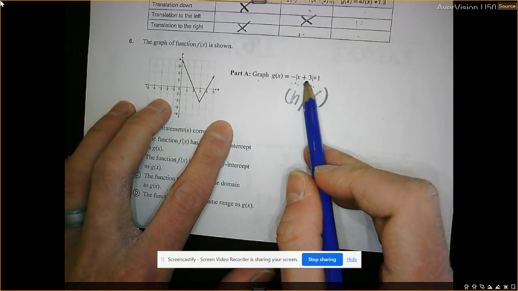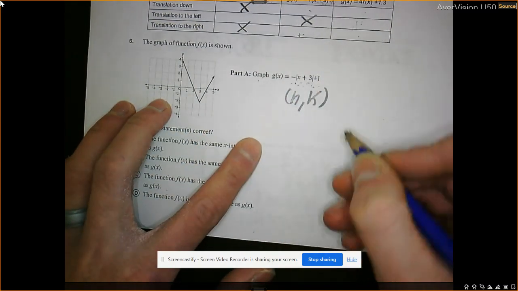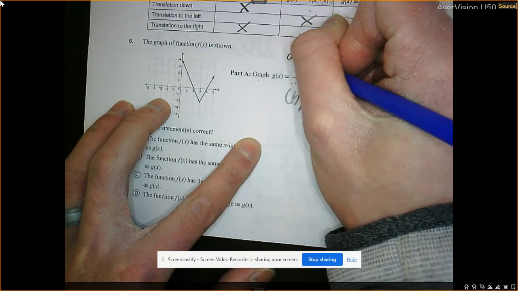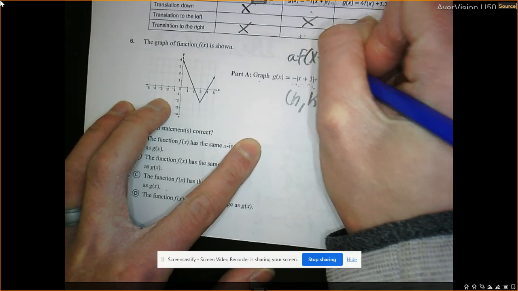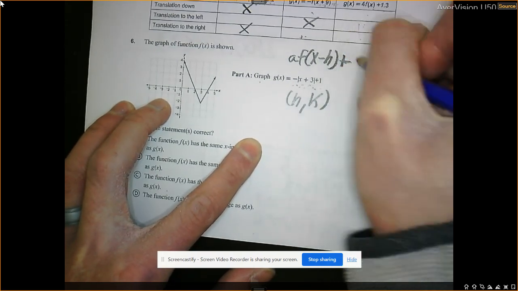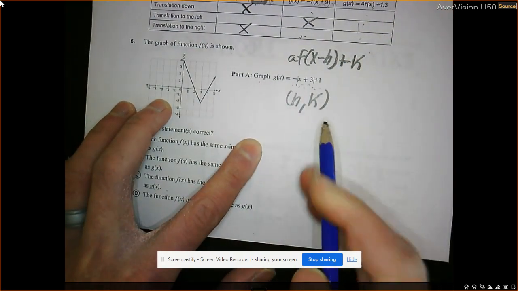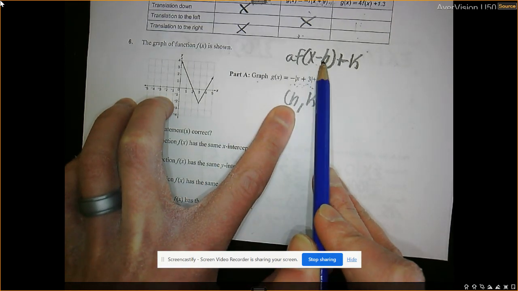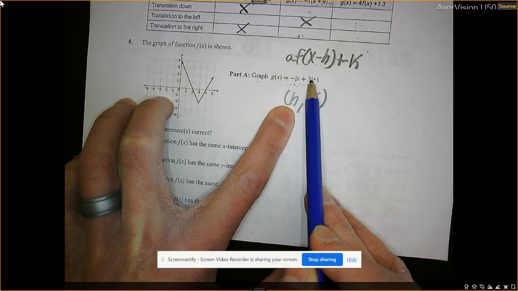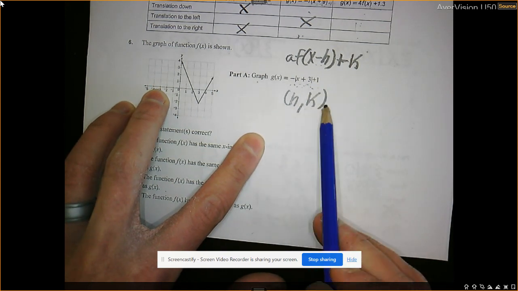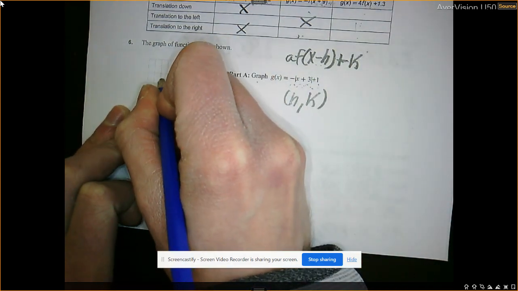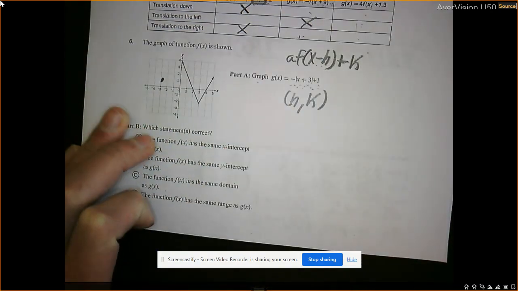Now, if we got an x plus 3, because remember how this is written, it's always a times f of x minus h plus k. Since we have a plus 3, that means h is really a negative 3 because it's like minus a negative 3 gives us that plus 3. Okay, so our x value is negative 3, and then our y value is a positive 1. So negative 3, 1 is our vertex.